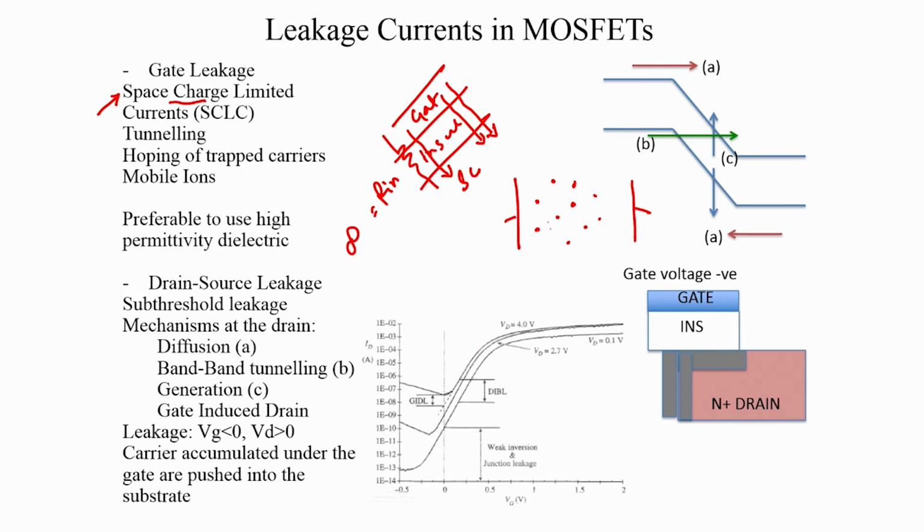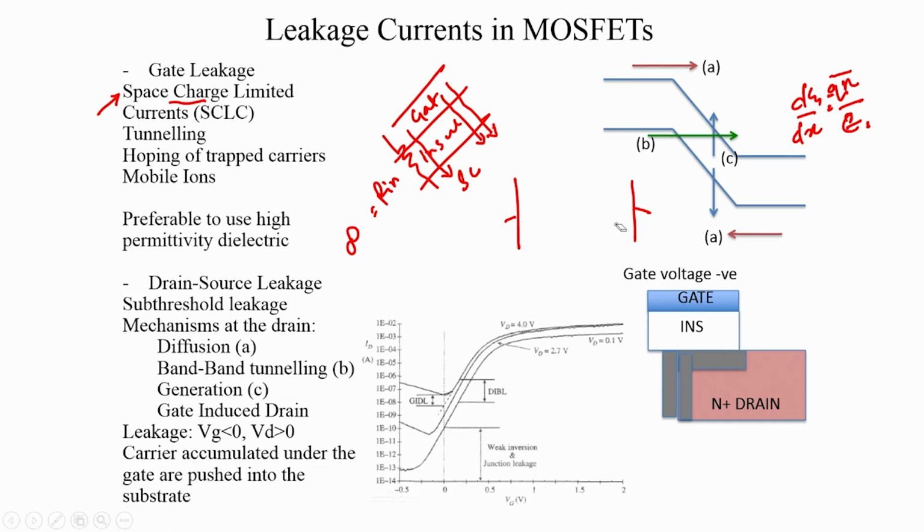then you need to solve Poisson's equation here. You need to write Poisson's equation in that region to say that the electric field distribution in that region is defined by the charge distribution in that region, and therefore not all electrons will see the same field, and therefore this current is determined by the space charge, which is basically this charge distribution in this region, and therefore it is called a space charge limited current.